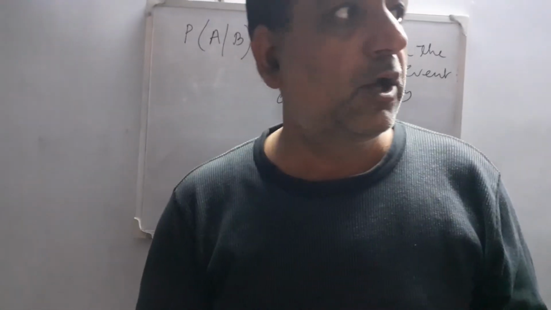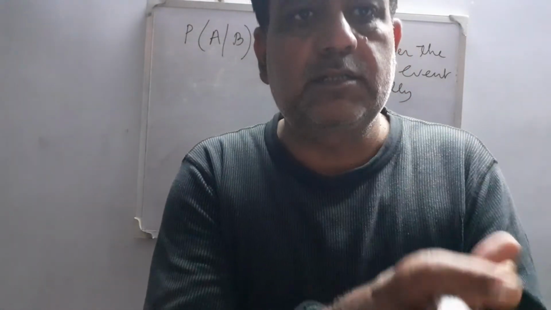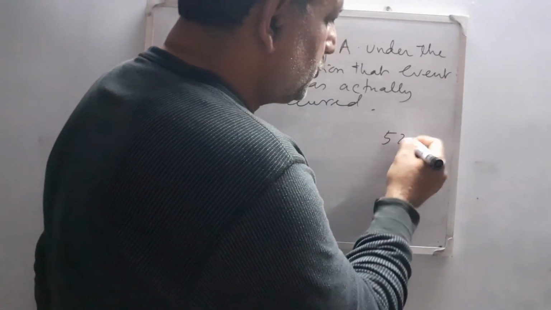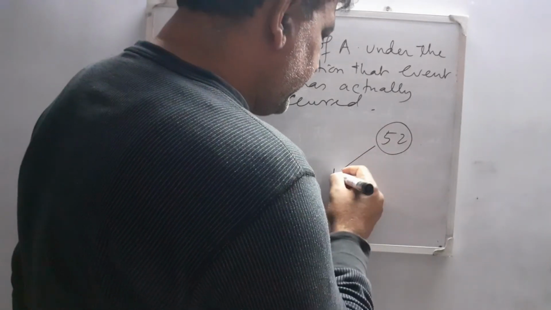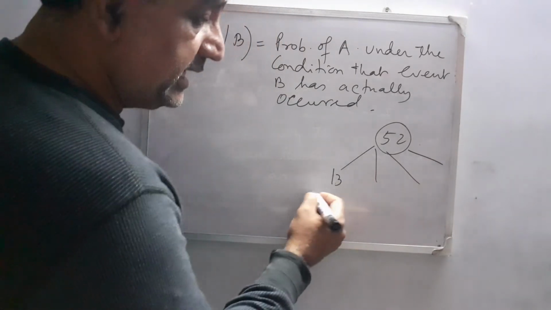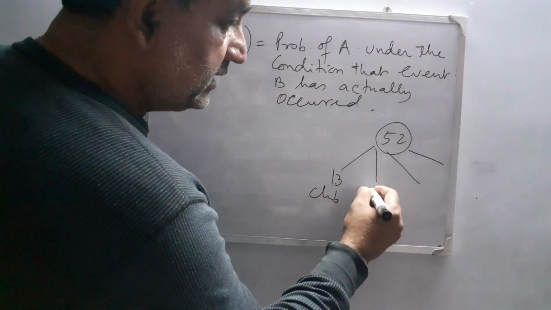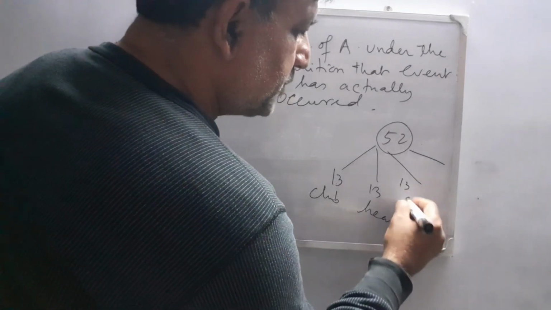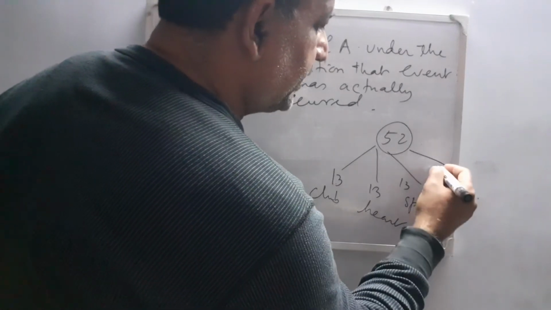Say you have a well shuffled pack of cards. There are 52 cards in a pack, having 13 for each denomination: 13 club, 13 heart, 13 spade, 13 diamond.